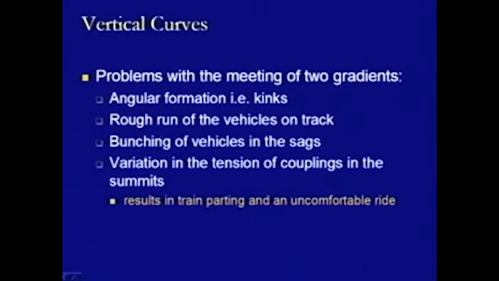Then there is a variation in the tension of couplings. This variation in the tension of the couplings will be there of course in two conditions. One is that we are talking about the summit. In the case of the summit, this is the topmost location where the two gradients are meeting.